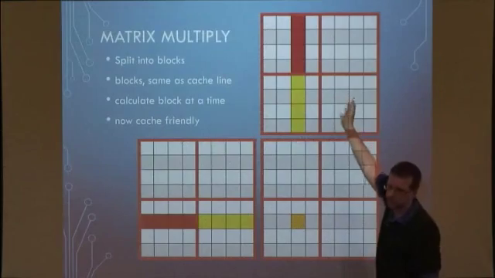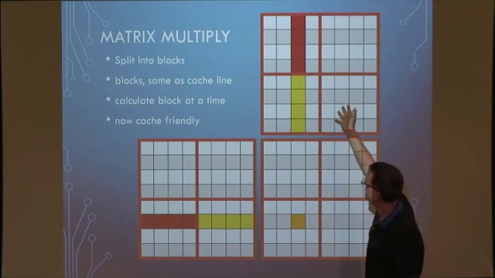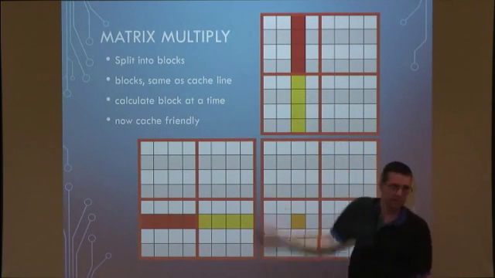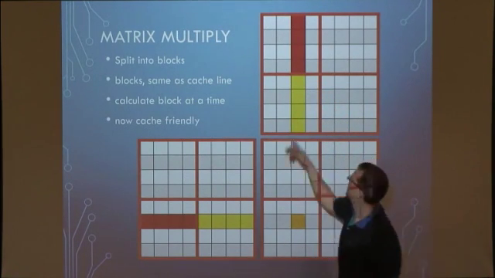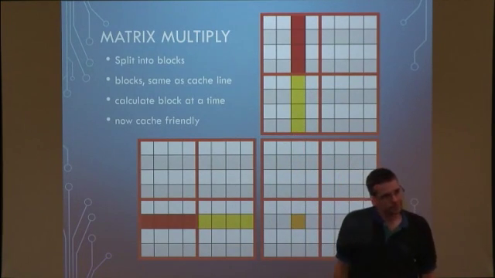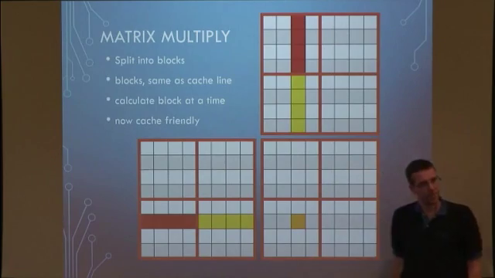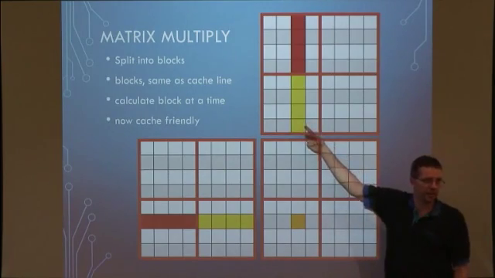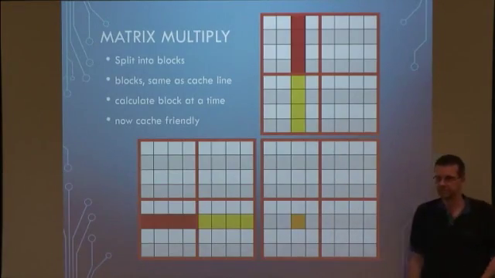I think what he was saying was, if you actually just transpose this matrix, then this column now becomes a row. So instead of taking 8 cache lines to store this, you only take 2. If these are single precision floating point, then you can fit 4 floats in a cache line.